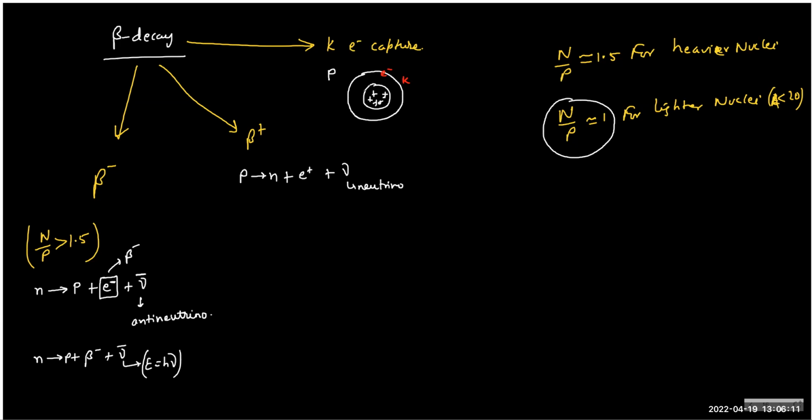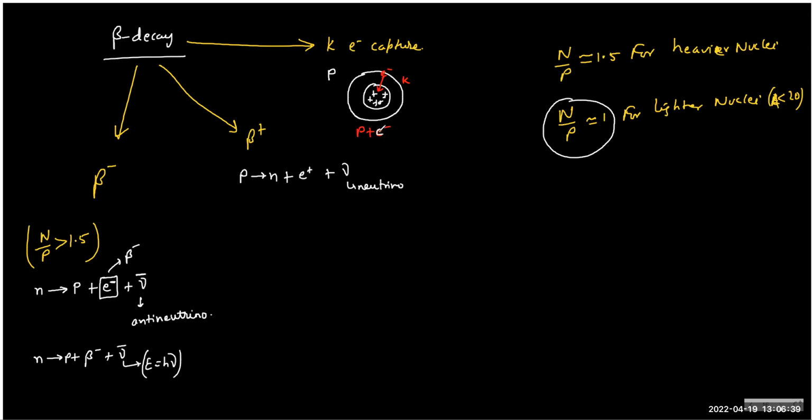Because of some reason, the attraction sometimes eats away the K shell electron. It simply captures the K shell electron into the nucleus by pulling it towards the nucleus. That's why it is called K electron capture, because you take the electron from the K shell and push it within the nucleus, and this happens to convert a proton because you are eating one electron.